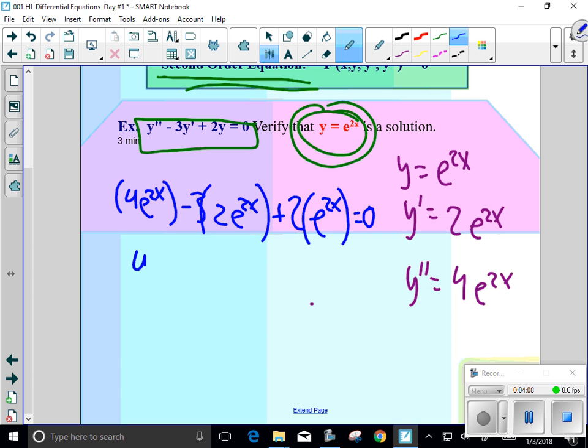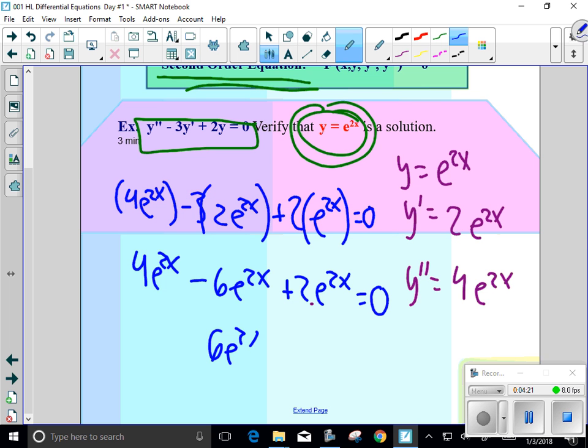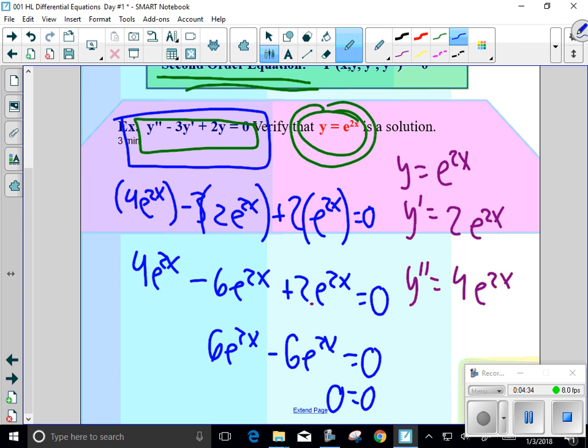Yeah, because you have 4e to the 2x minus 6e to the 2x plus 2e to the 2x. And 4 plus 2 is 6e to the 2x minus 6e to the 2x. There you go. 0 equals 0. So we verified it. That's what happens if you go to second and third order. Once you find that y, it still should satisfy the equation.